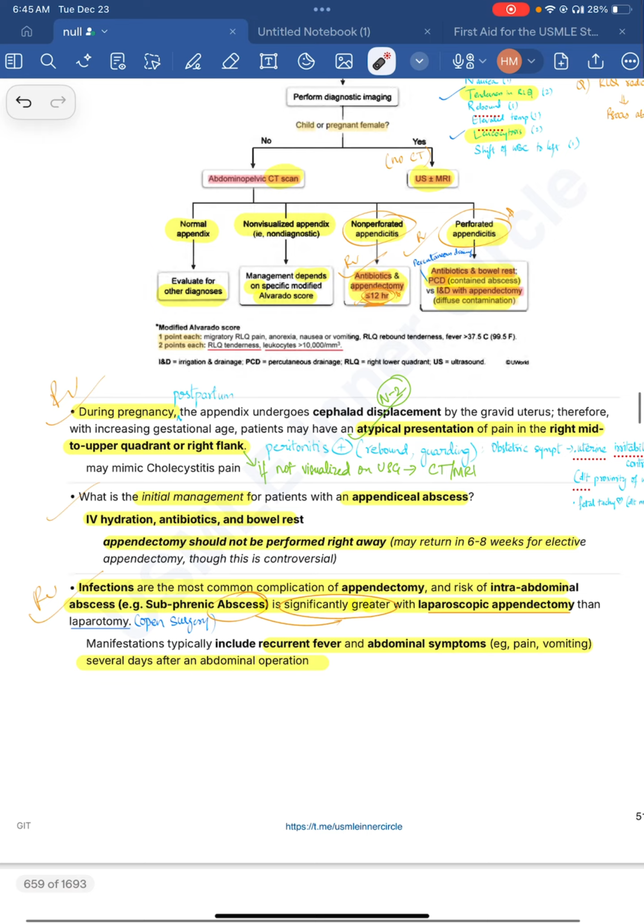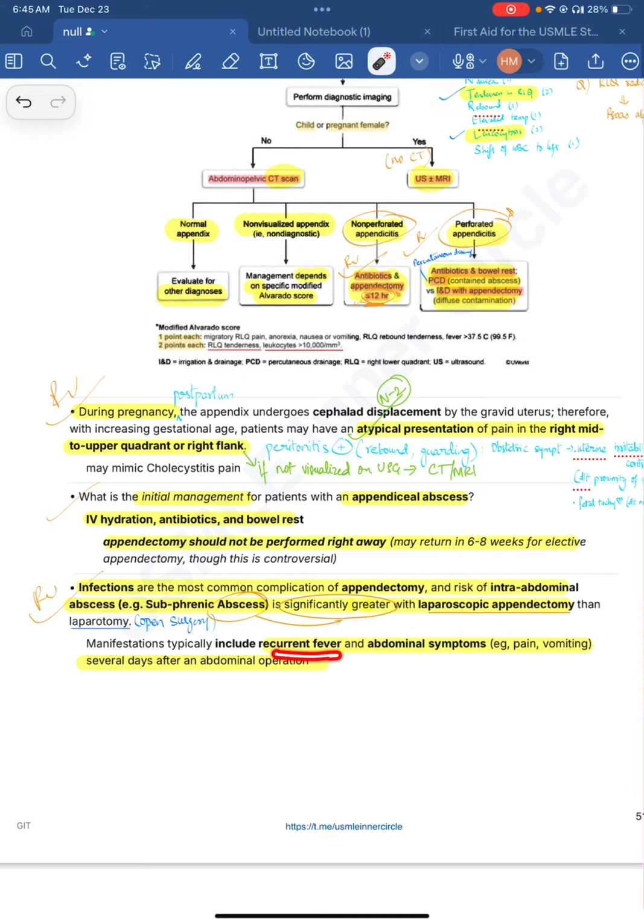Another thing you need to know is with appendectomy, the risk of infection is very high, especially with laparoscopic appendectomy. Whereas when you do laparotomy, that is open surgery, the risk of infections is significantly reduced. Infections are the most common complication of appendectomy, and the risk of intra-abdominal abscess, for example subphrenic abscess, is significantly higher with laparoscopic than laparotomy.